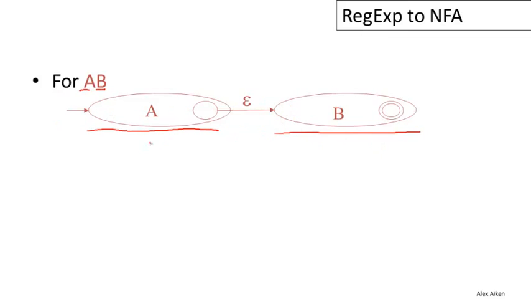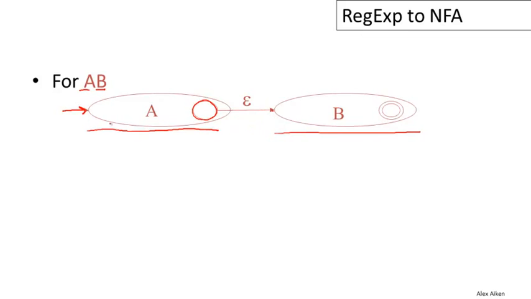And here's the construction. The start state for the compound machine will be the start state for A, so we just keep that start state the same. And then we modify the final state of A. We make the final state of A no longer a final state, and I've done that here by removing the double circle on the final state of A, and we add an epsilon transition to the start state of B. Now, if you think about it, that does exactly the right thing.